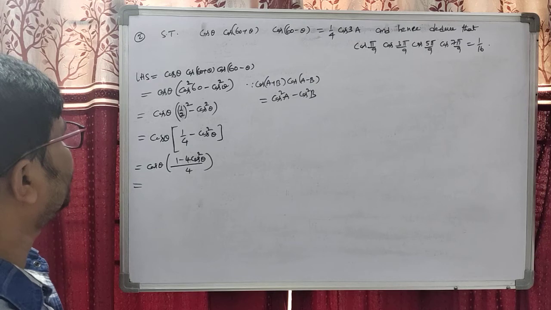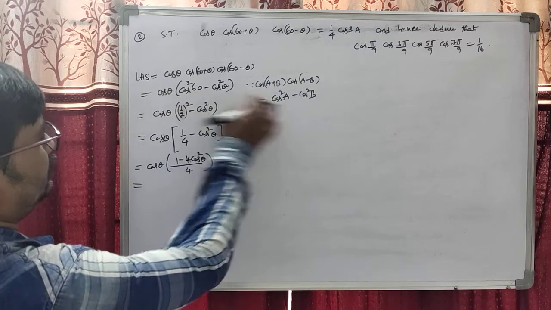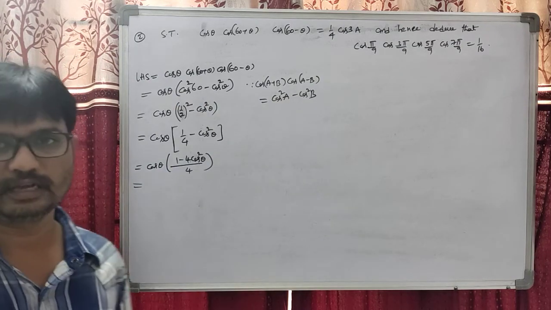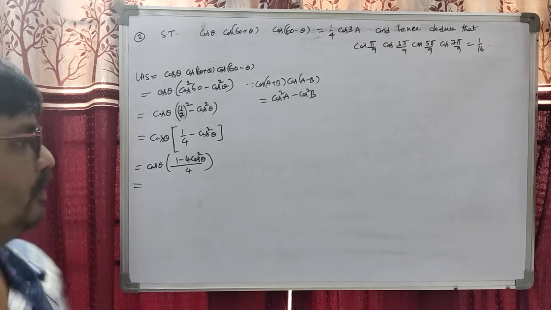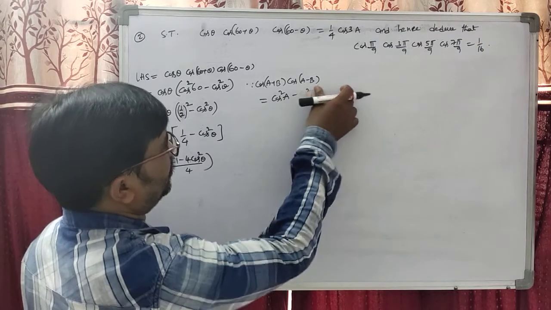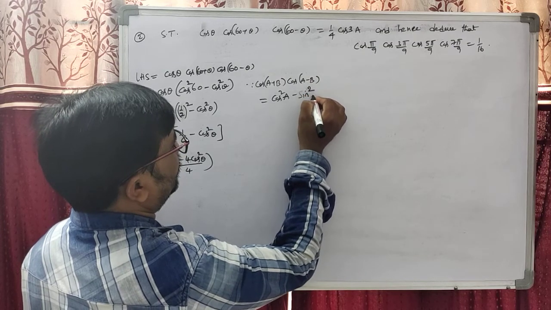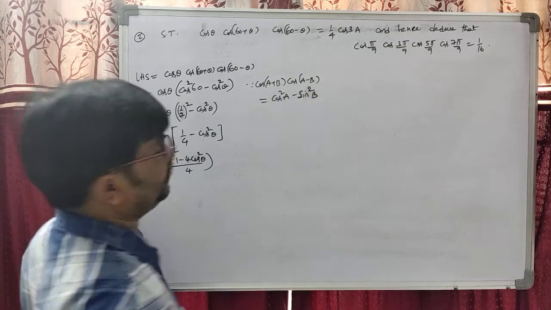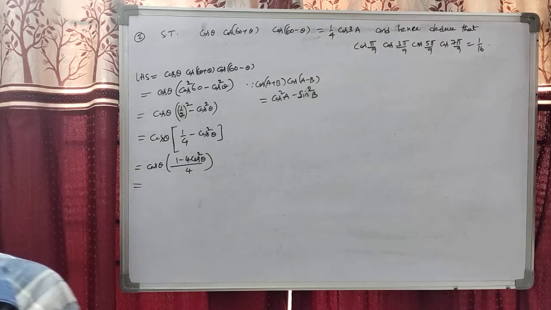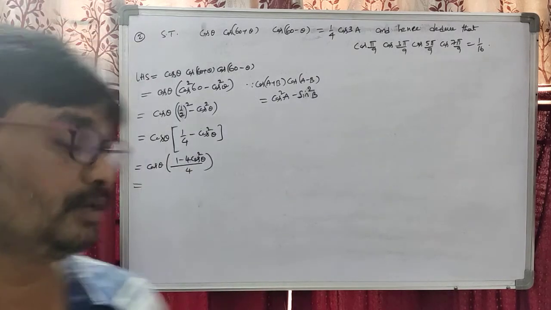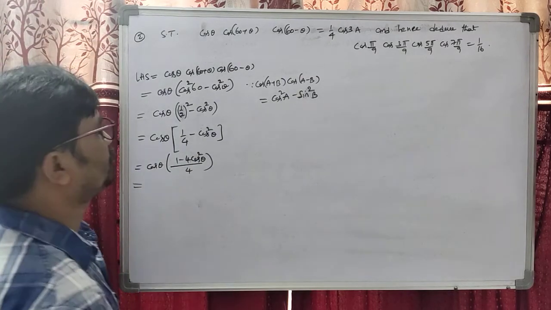My dear students, the formula I wrote is wrong. Cos of A plus B into cos A minus B is cos square A minus sin square B.